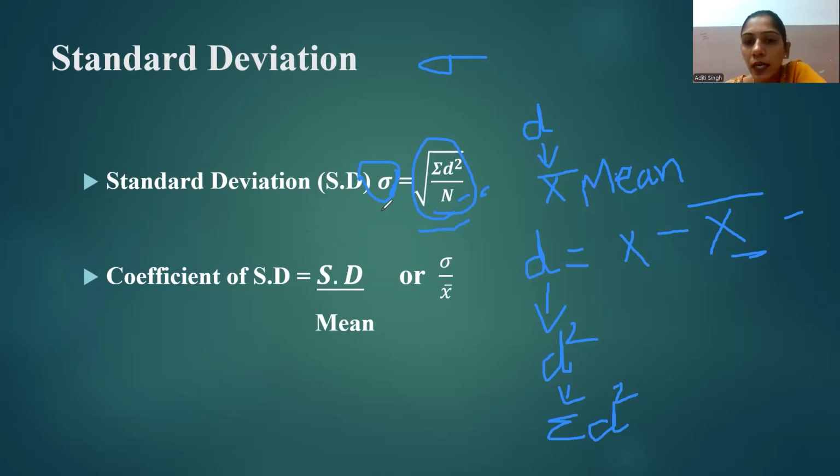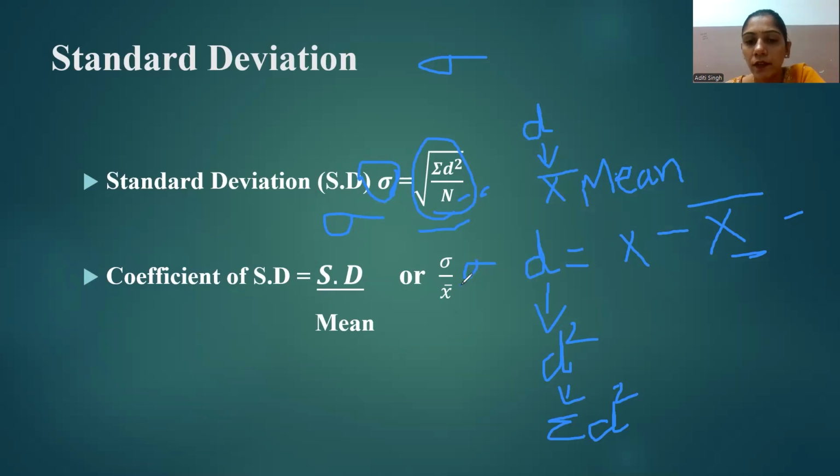We also denote standard deviation with the sign of sigma. After calculating standard deviation, we calculate the coefficient of standard deviation. The formula for the coefficient of standard deviation is very simple: standard deviation divided by mean, which is sigma divided by x bar.